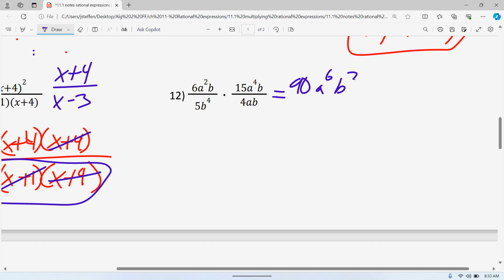Again, you could add your exponents, or b times b is b squared. In the denominator, same thing. 5 times 4 is 20. It doesn't matter what order you put it in, but I try to stick to the same order. So a comes next. There is no a in the first fraction. A, then b to the 4th times b is b to the 5th. That is, in my opinion, the best thing to do first.